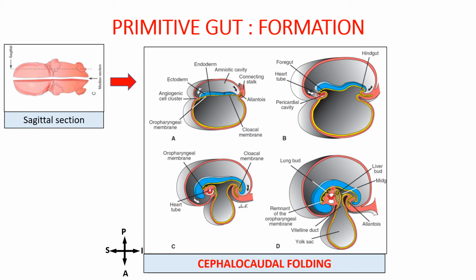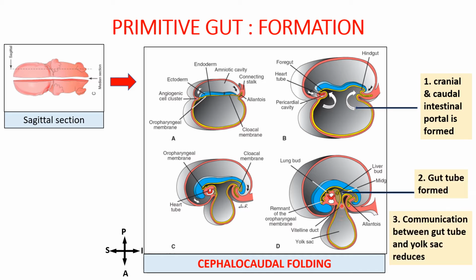This leads to the formation of gut. In the process, two portals are created. Portals means the entry points into the primitive gut. This is the cranial intestinal portal, and this is the caudal intestinal portal. And this portion of the yolk sac cavity which is incorporated into the embryo forms the gut tube.